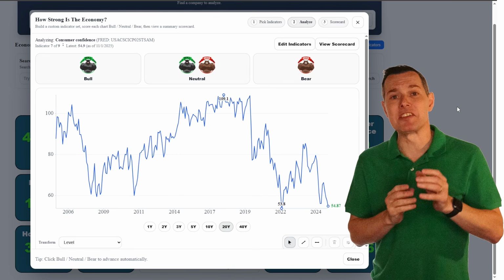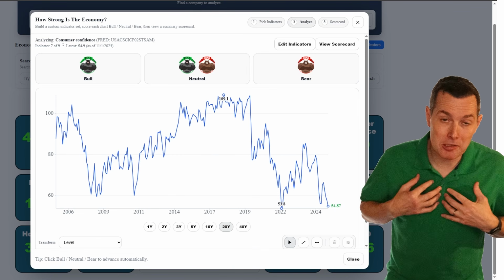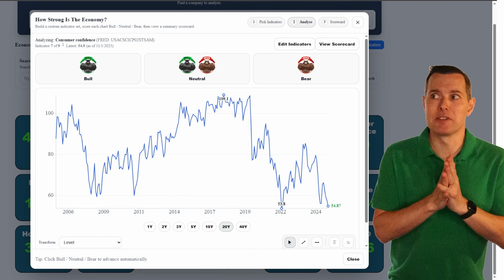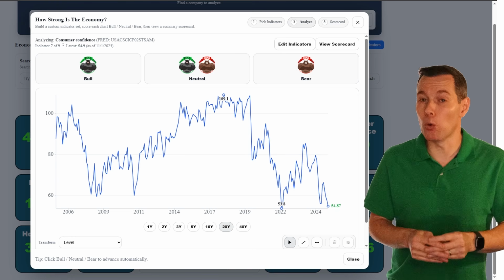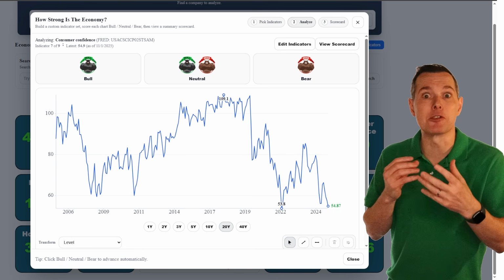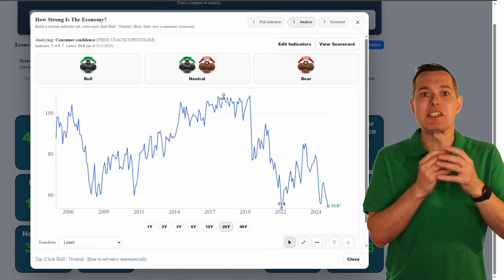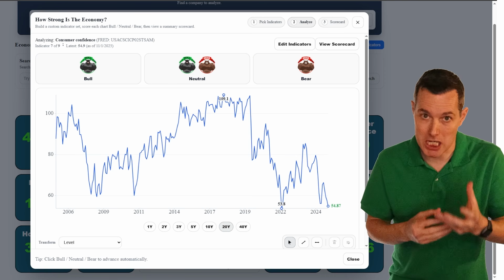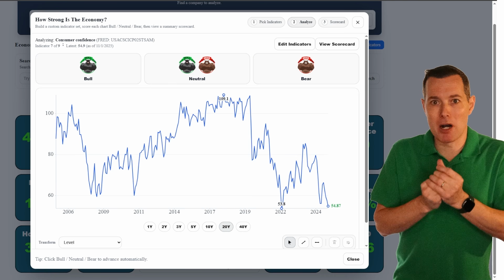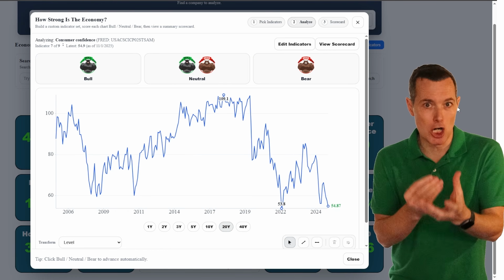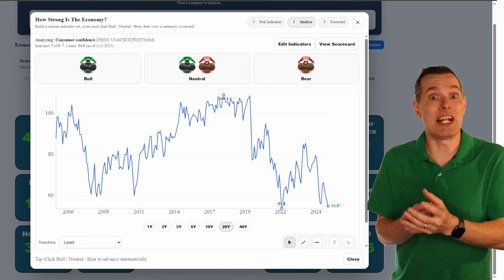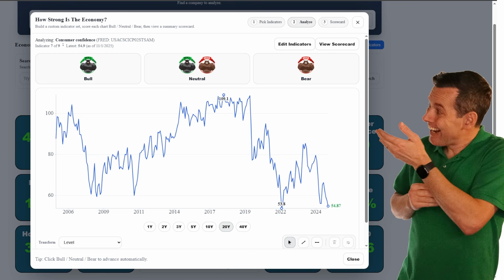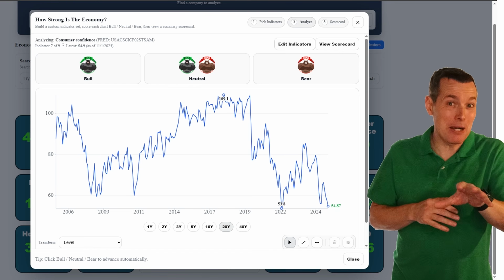Okay, now we're on to consumer confidence. Now, personally, I think that there is no economic indicator more important than consumer confidence. The US consumer has driven the US economy for a long time. For as long as America has been the leading global economy, it's been the consumer that has been driving it. And we are at a bad point right now.